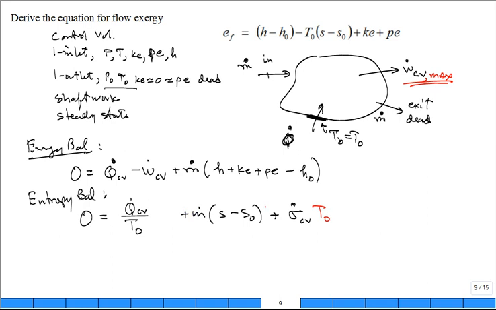Put T naught there. T naught, they cancel. So now we substitute for Q dot CV to eliminate the heat transfer. I know I'm going to do a little bit of algebra here. I'm going to rewrite the energy balance equation eliminating Q dot CV using the entropy balance.